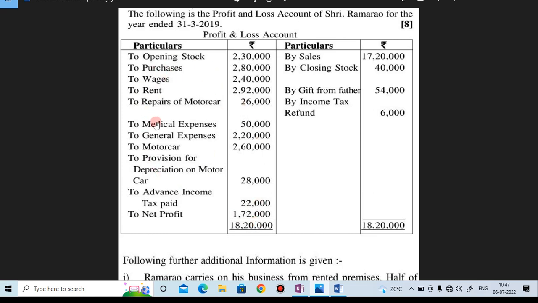So these were the particulars on the debit side. Now on the credit side, by sales 17,20,000, by closing stock 40,000, by gift from father 54,000, by income tax refund 6,000, and the total on both sides is 18,20,000.